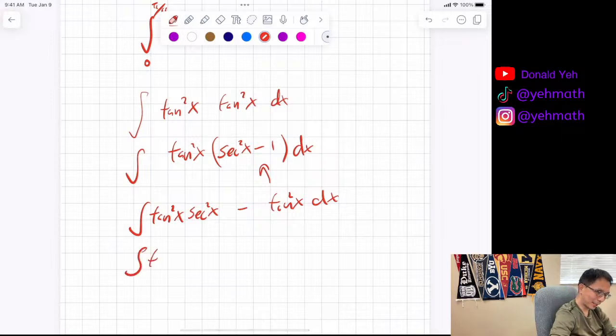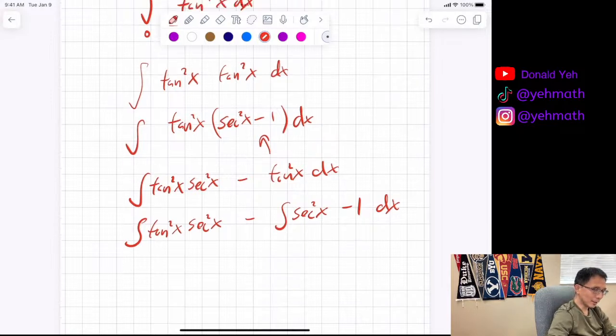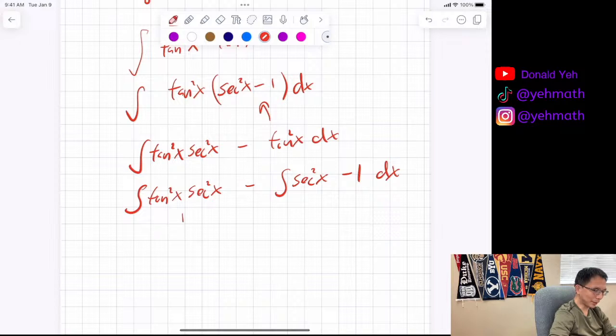So that would be tangent square of x, secant square of x minus integration of secant square of x minus 1 dx. And this is actually integrable. U equal to what? U equal to tangent.